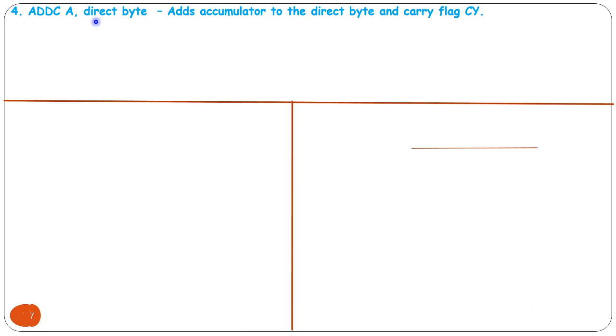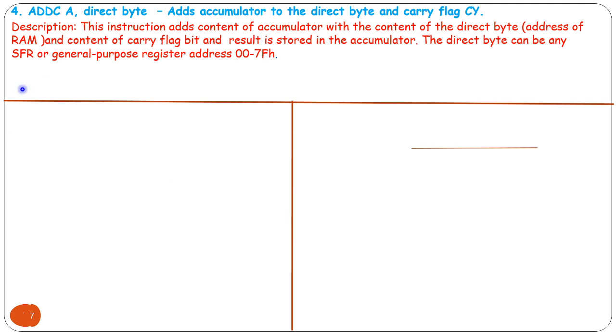The next instruction is ADDC A, direct byte. The content of accumulator register plus the direct byte random access memory and the carry flag are added here. Description: this instruction adds the content of accumulator with the content of direct byte address of random access memory, and the content of carry flag bit.